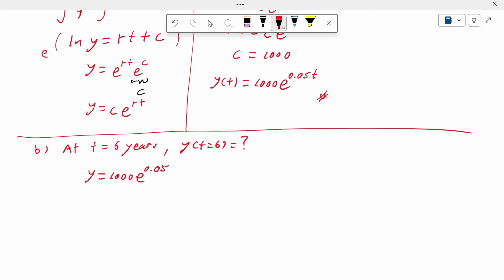We substitute into the equation y equals 1,000 exponential 0.05 t, putting t equal to 6 years, and then we get this amount of money. So our value is increased, which is a good thing, from 1,000 to 1,349.86.